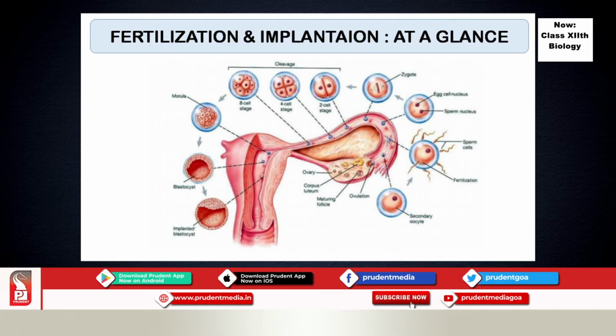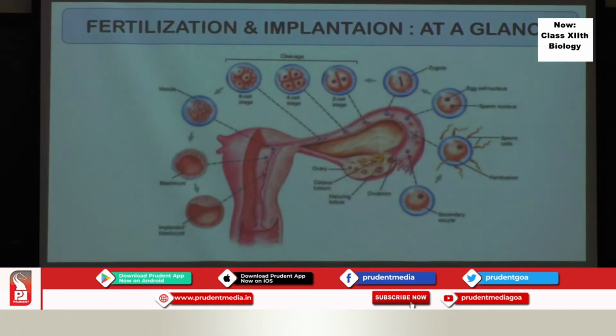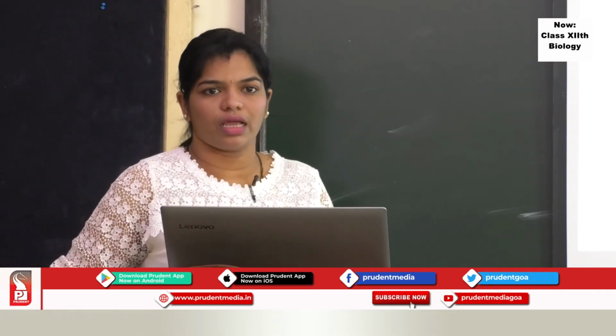It forms a 16-cell morula. From the morula it forms the blastocyst, where the blastomeres arrange the outer layer, and the inner is the inner cell mass. The outer layer is called trophoblast, and this blastocyst will now get implanted here in the walls of the uterus. So the implantation has taken place.